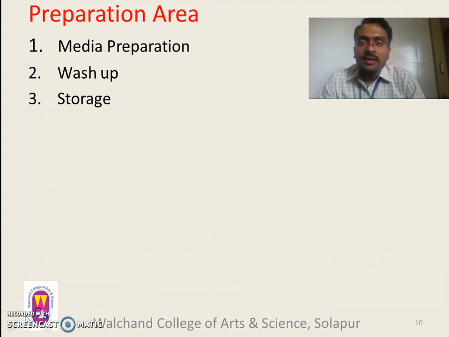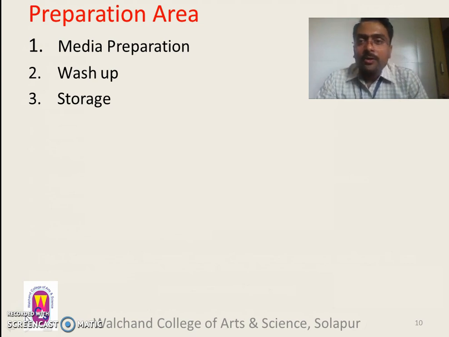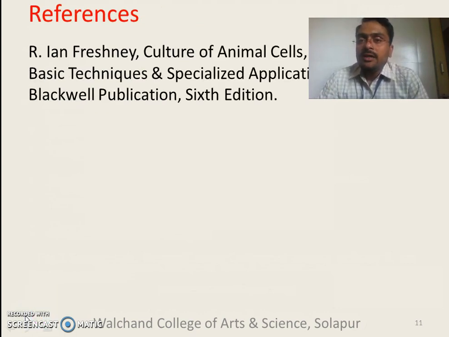This area is near the media preparation, wash-up and the actual working area, so that the worker is able to access the material immediately required for culturing the animal cells. After the preparation area, this is the reference which is used: Ian Freshney, Culture of Animal Cells.